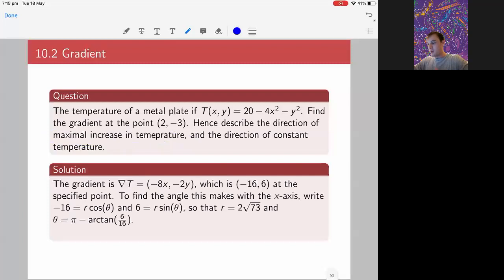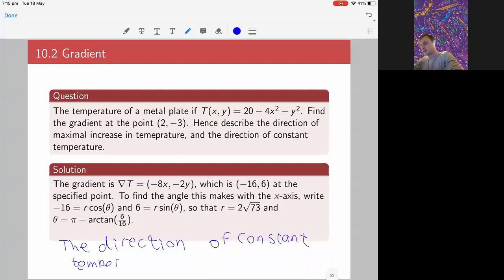Well, remember that the direction of constant temperature is perpendicular to the gradient of T.